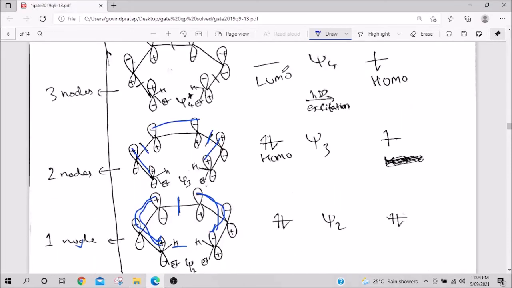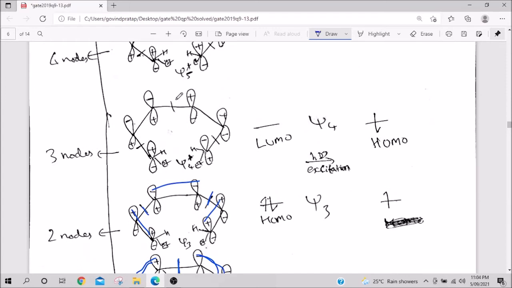Then psi 4, it should have 3 nodes, so 1, 2 and 3. So plus minus minus, because here a node is not there, then again a node is there, so plus plus, again minus. So basically here it was plus and plus, here you got plus and minus.